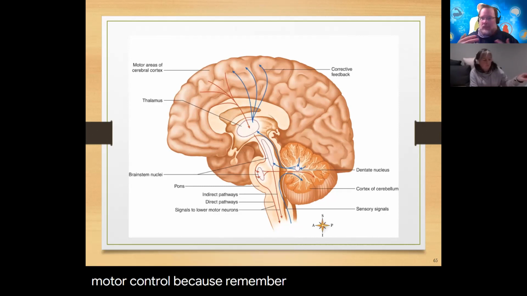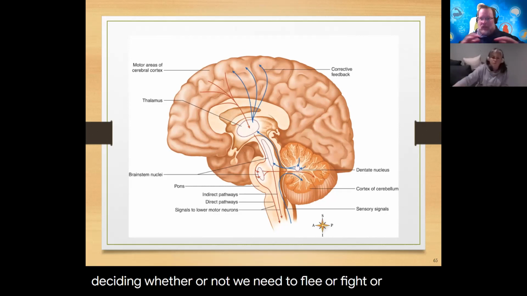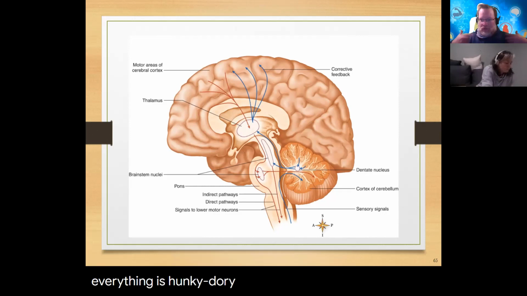Because remember, this is all about the brain deciding whether or not we need to flee or fight, or if everything is hunky-dory. So first stop is going to be muscle control, motor coordination. Do we have that in line before we get up and assess the situation in the cerebrum?